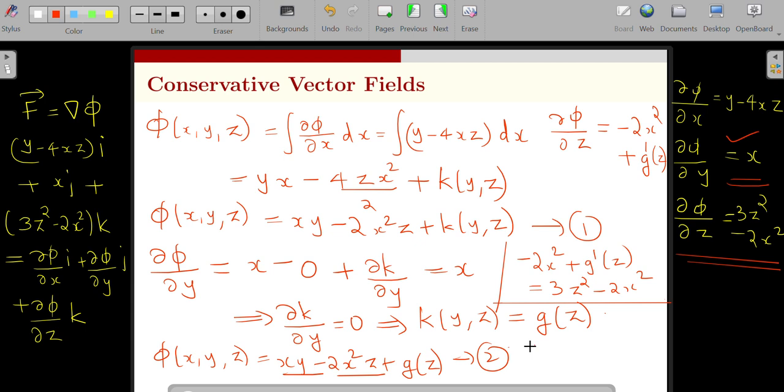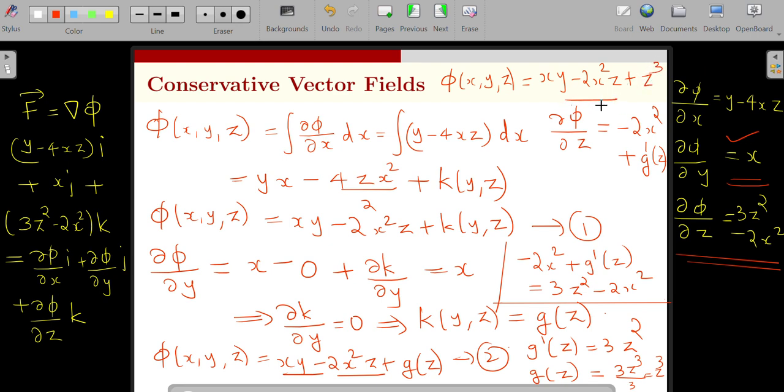So g dash of z equals 3z square, and integrating with respect to z, g of z is 3z cube by 3, that is z cube. So finally we have obtained the expression for phi of xyz.